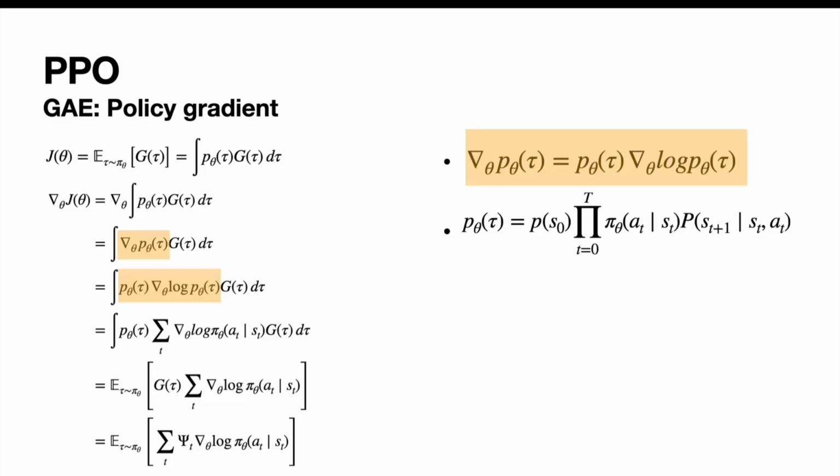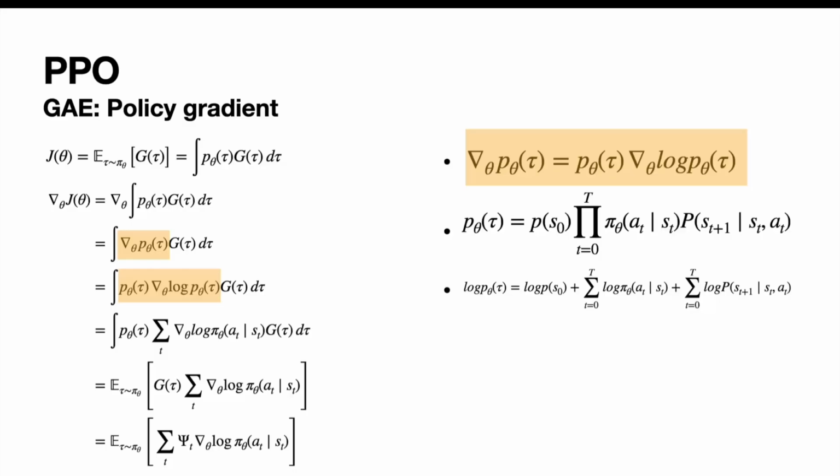If we take the log of this trajectory probability, the products become sums. So we get three parts: the log probability of the initial state plus the sum of the log policy probabilities plus the sum of the log environment transition probabilities. But only the policy depends on the theta.